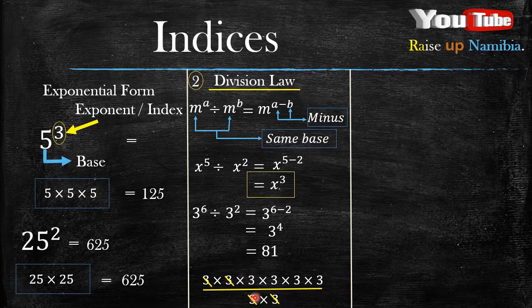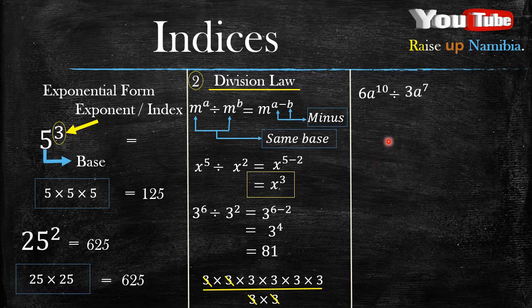No, which means your answer is these 3s that are left. How many 3s are left here? 1, 2, 3, 4. If you multiply 3 times 3 times 3 times 3, what's your answer? You will still get 81. So that's how we got this 81, in case this was a bit too complicated.